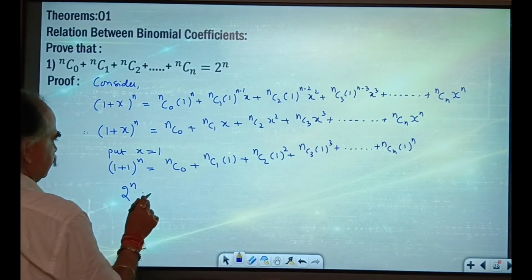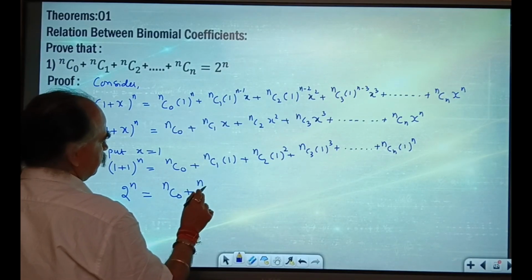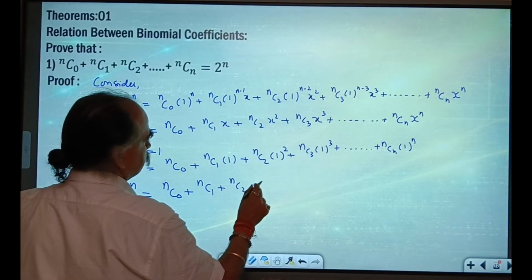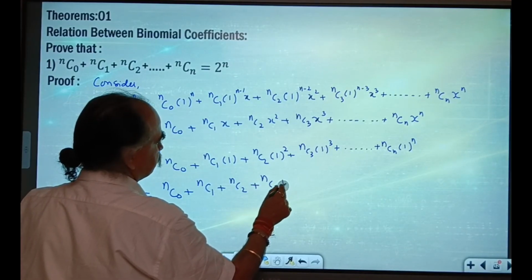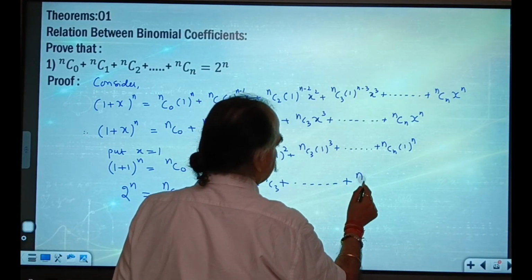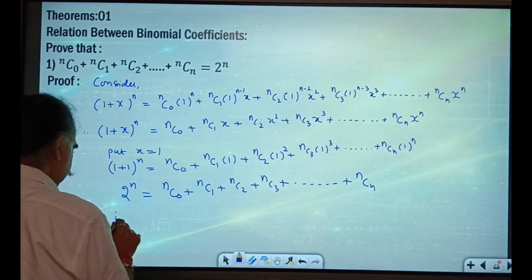This is 2 to the power n is equal to nC0 plus nC1, nC2, nC3 plus so on, nCn.